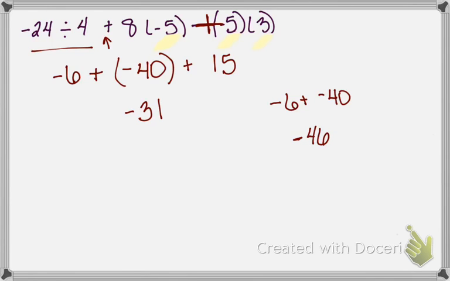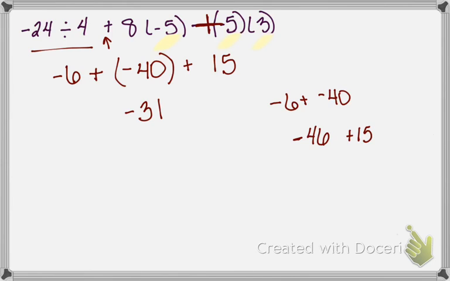Okay? Now I am adding to that positive 15. So I have negative 46 plus positive 15. They have different signs. I've got one negative and one positive. Which one of those numbers has the higher absolute value? That means it's further from 0. 46.